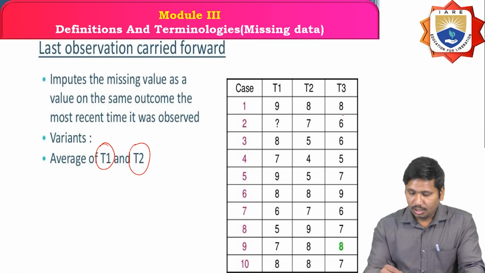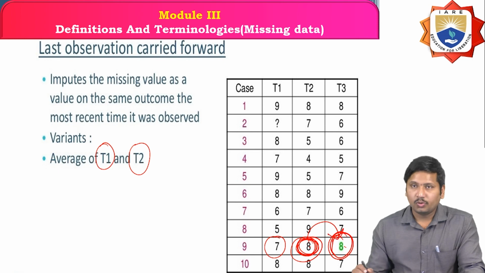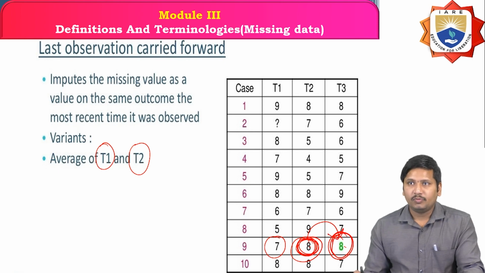Suppose in this table you are getting the missing value in T3. I can fill this missing value. According to this method, I either take the average of T1 and T2, or I take the last observation, which is 8. That is going to be filled in for the missing value of the third variable.